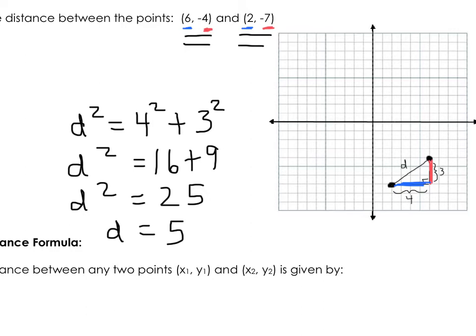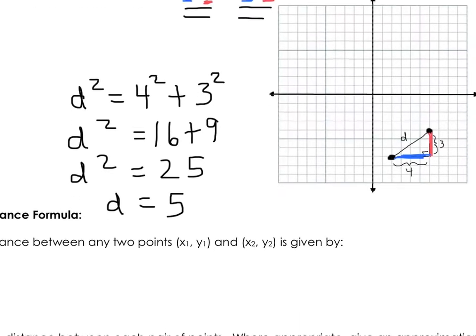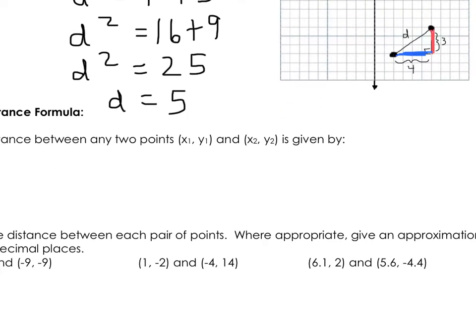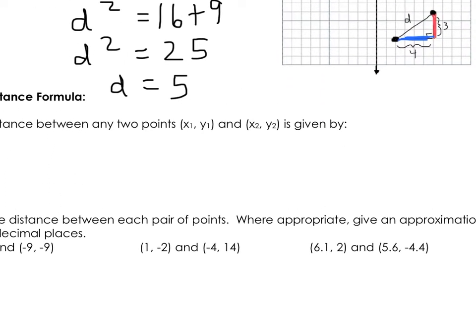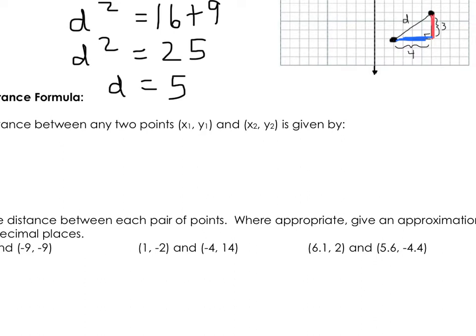So what we're going to do to calculate distance is come up with a formula that will give us these legs of the triangle. So the distance squared equals the horizontal leg, the blue leg, that's the difference in the x values.